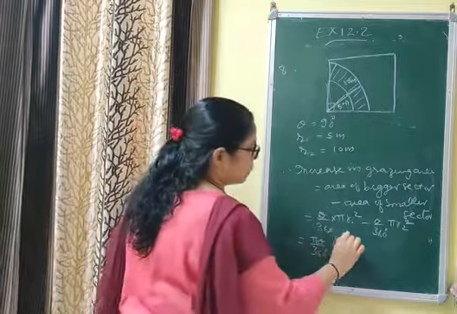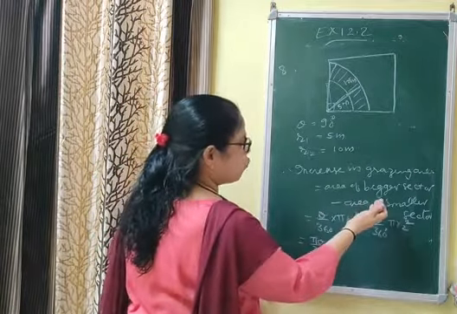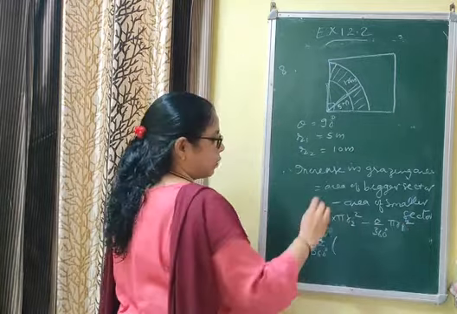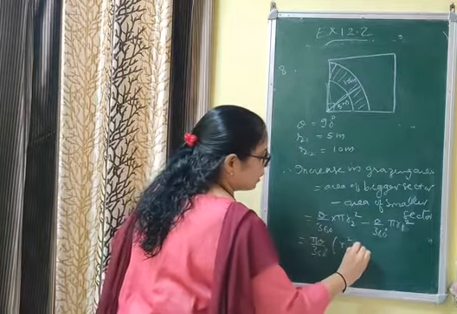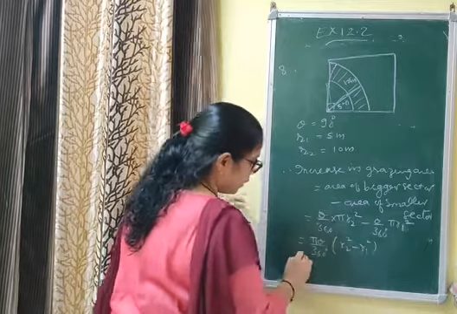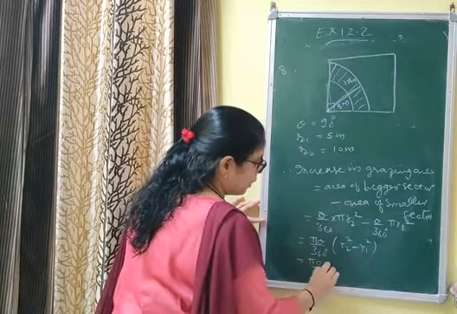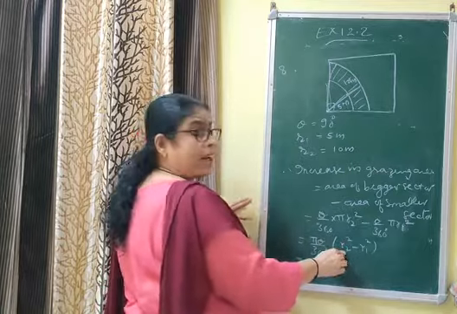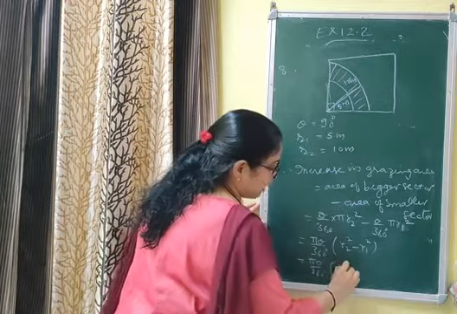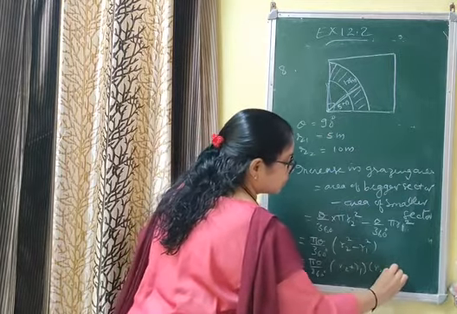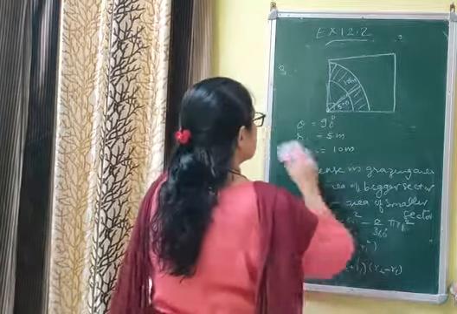That is r2 square minus r1 square, bigger का r2 है, smaller का r1 है. That means pi theta by 360 into, if you are given these values as big, then you can use a plus b into a minus b for making your calculation simple.